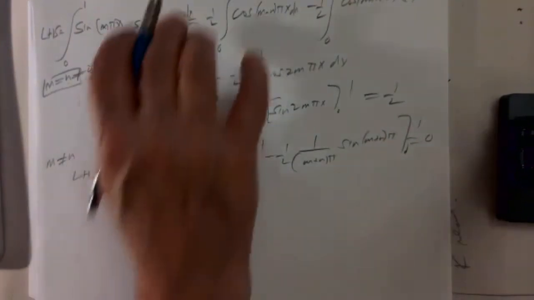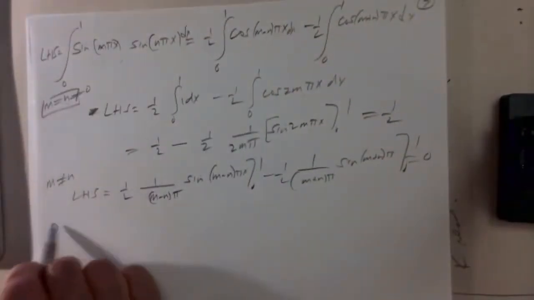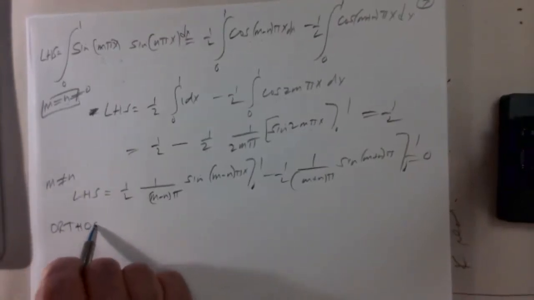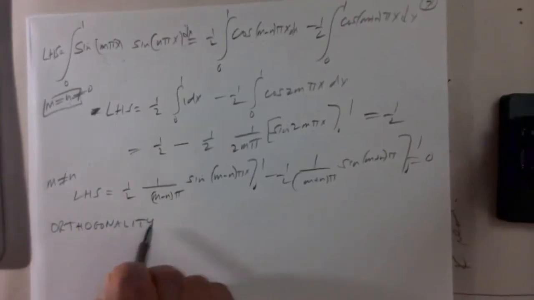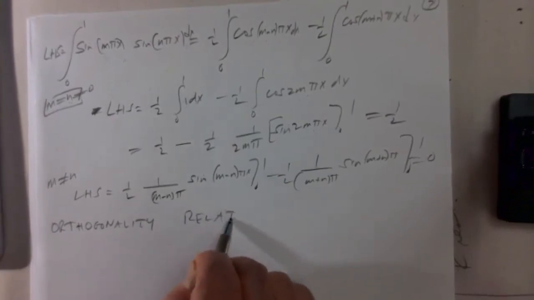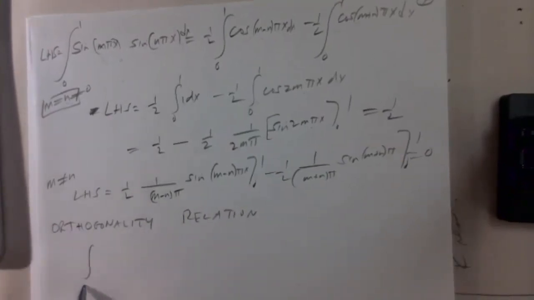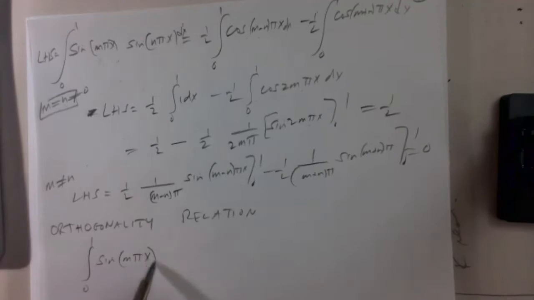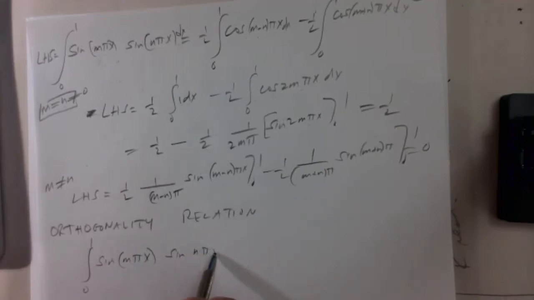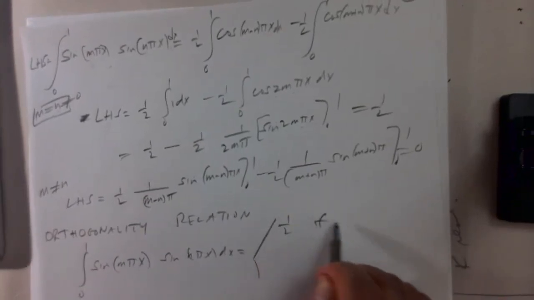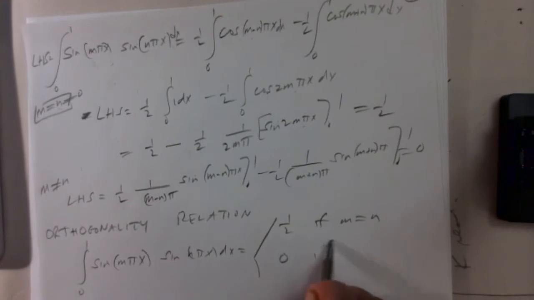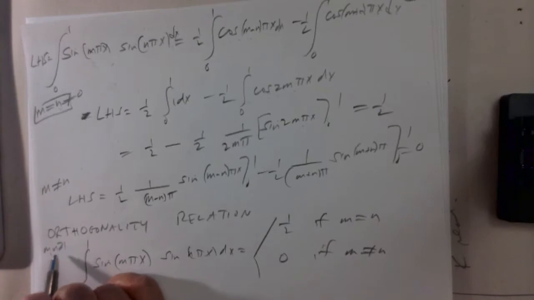So this is what is sometimes called one of the orthogonality relations for the sine. The integral from 0 to 1 of sine m pi x sine n pi x dx equals a half if m equals n and 0 if m is not equal to n. This is for m and n positive integers. Right?